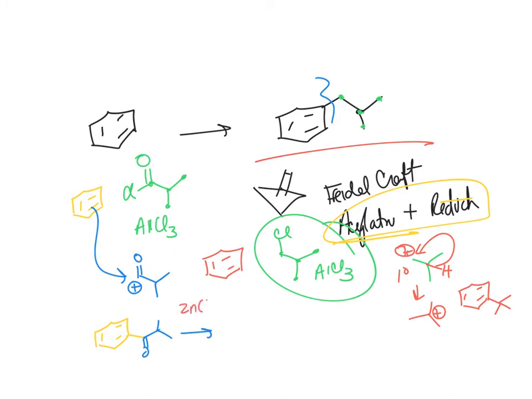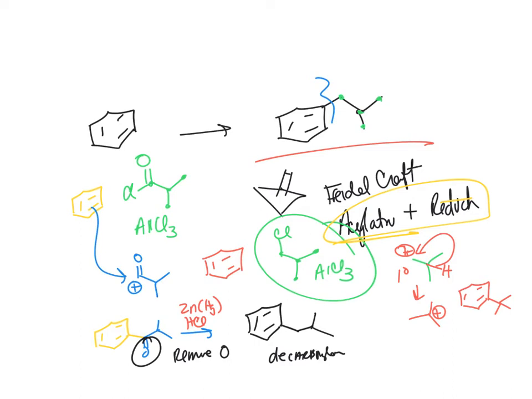You can add zinc, mercury, and a solution of sulfuric acid, and you will just remove that oxygen and replace it with hydrogen. So we call that decarbonylation, and it is a reduction. Whenever you put DE in front of a word, that typically means to remove.